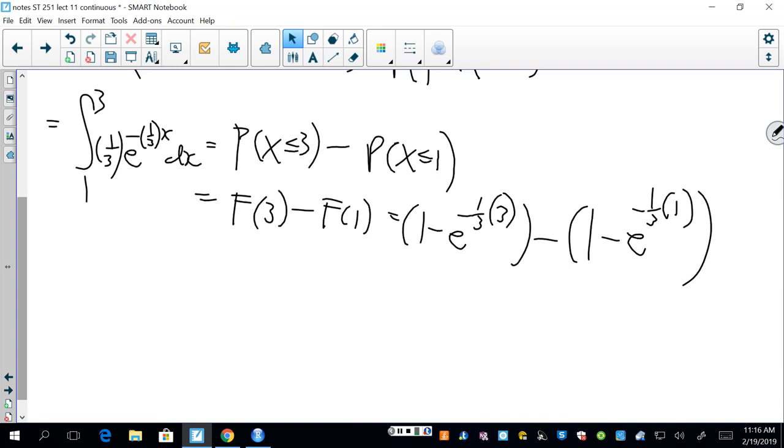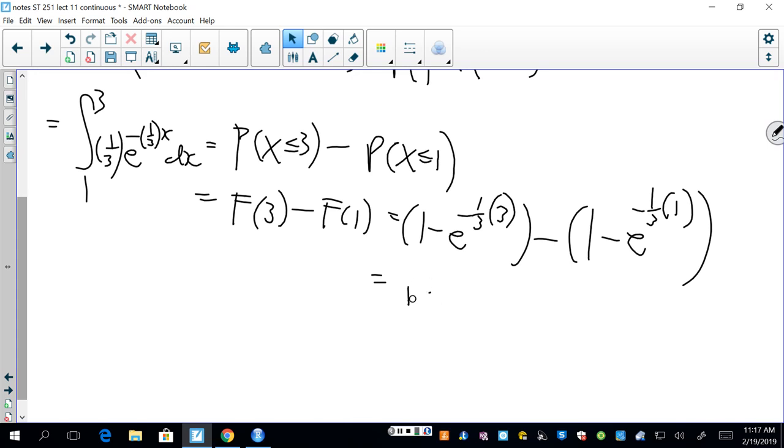And so this ends up being, my notes are a little backwards, 1/3 over there.